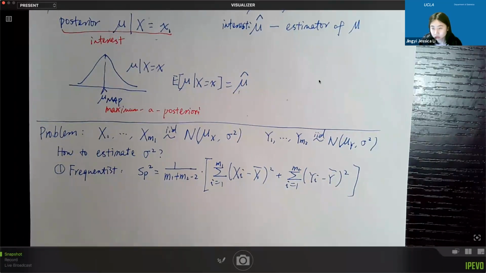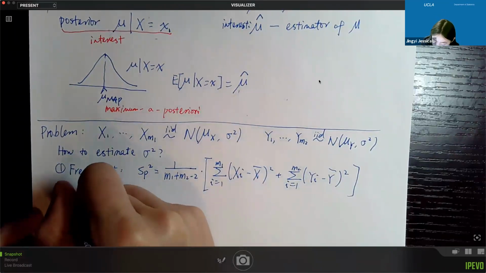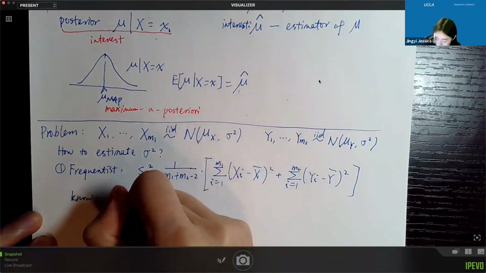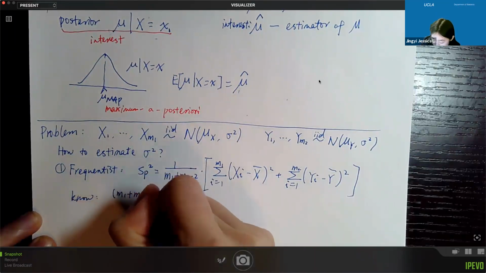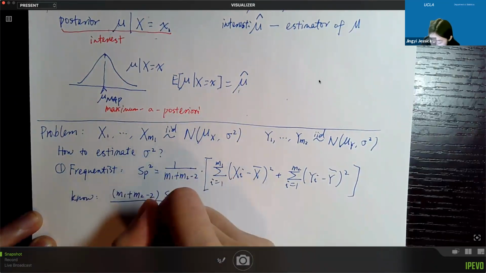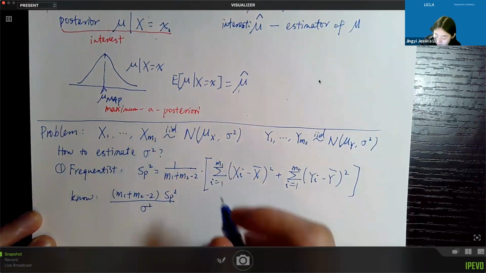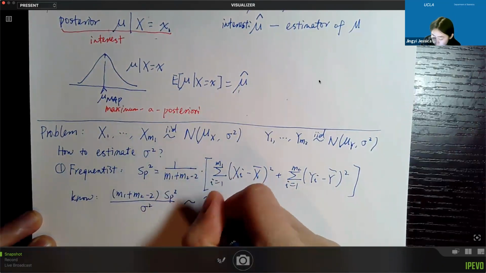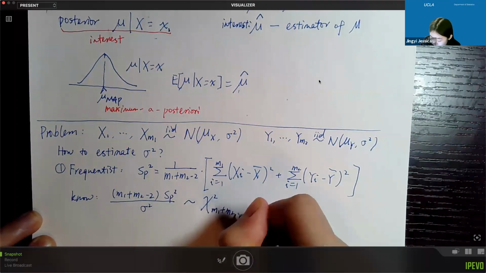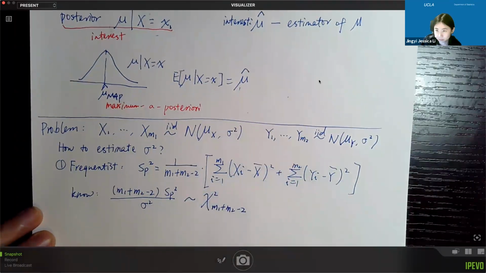And under this normal assumption, we know that this SP squared has a nice chi-square distribution. So we know that based on this definition, M1 plus M2 minus 2 times SP squared divided by the true parameter sigma squared follows a chi-square distribution with M1 plus M2 minus 2 degrees of freedom.